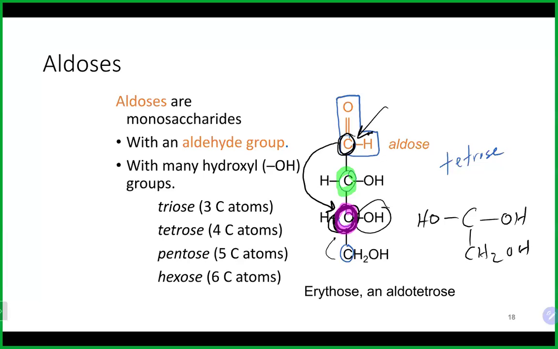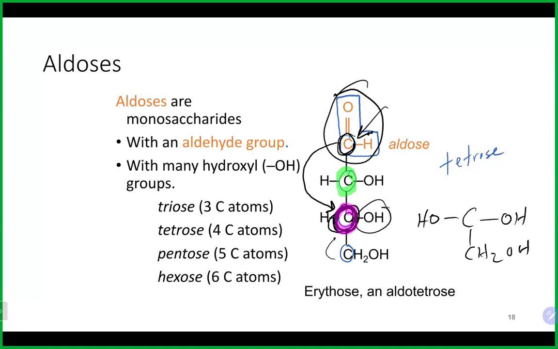So you can't have both. That's why we look at the chiral carbon that's furthest away from the carbon-oxygen double bond, that carbonyl carbon, because it's the one that gets oxidized. It's the reactive part, kind of like in organic chemistry, where everything happens at the functional group. That's the important part of this.